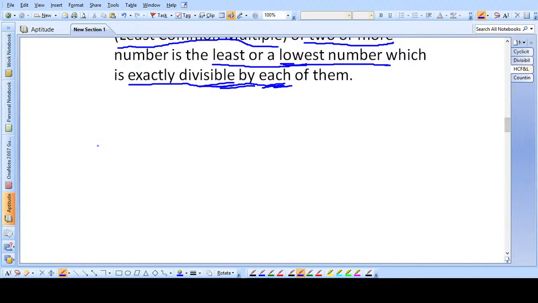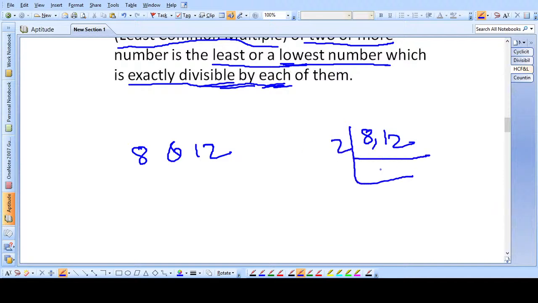So let's take one example. I will take a simple example here, 8 and 12. If I take, I prefer the ladder method, as I call it. Okay, so let's start. 2 times this is 4, this is 6. 2 times this is 2, this is 3.